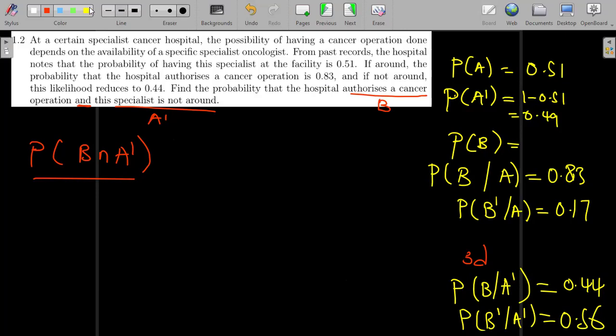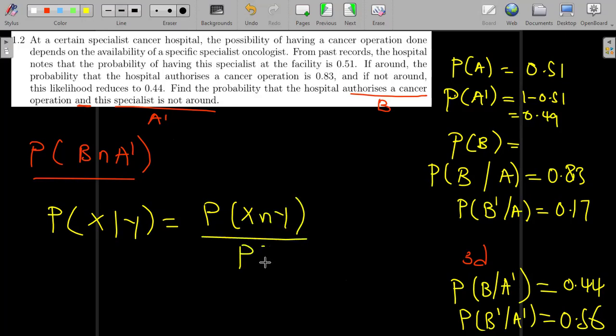We are going to use the formula for conditional probability. If I have X and Y, the probability of X given Y is the same as the probability of X intersection Y divided by the probability of what? Y. So to find this, I'm going to use something similar.